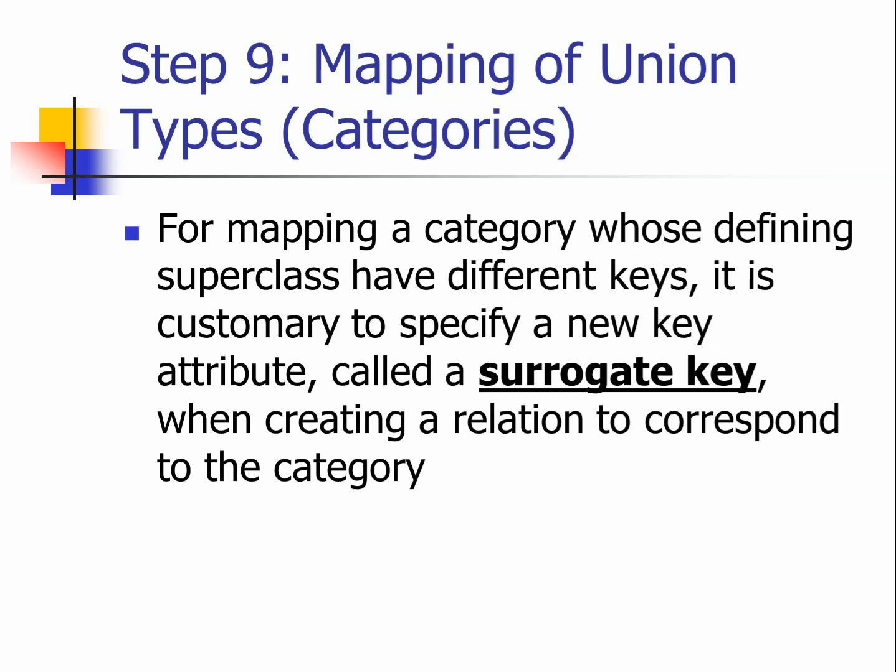What we are going to do is create a new relation for this union. But instead of simply using foreign keys linked back to all the superclasses, we are actually creating what we call a surrogate key for the union class, and use the superclasses' foreign keys to link to the union class. This is something very, very special.